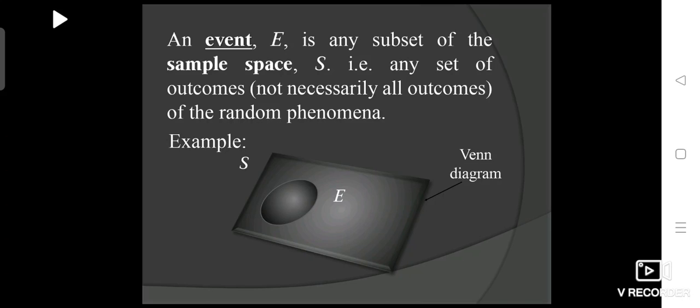In this form, the whole rectangular form is your sample, and your event is based on some observation, but it is only a part of your sample. In this way you can get the event which is based on the sample you are studying.